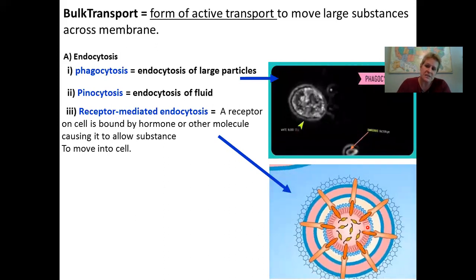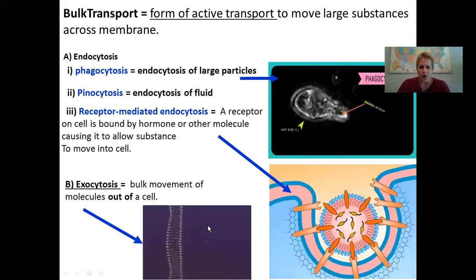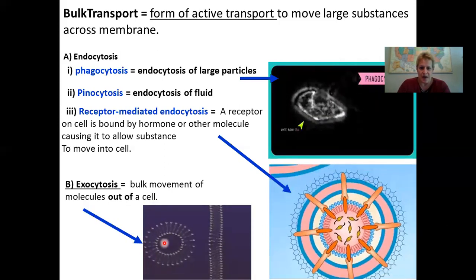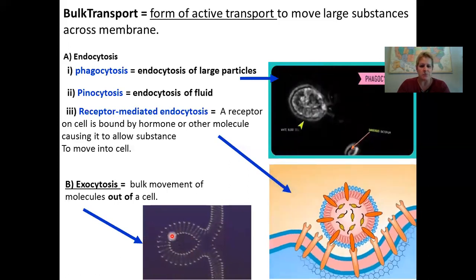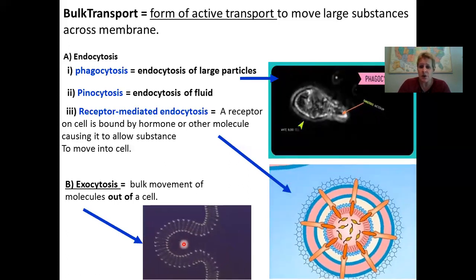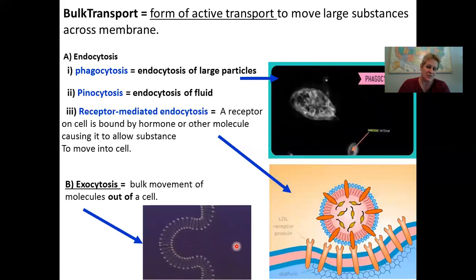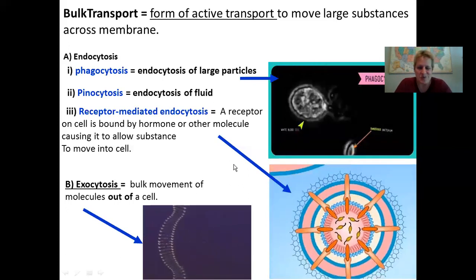Now the reverse of this can happen with exocytosis. Here we have a large bunch of particles that are inside a cell. They merge with the cell membrane, and then that big, whatever it is, proteins, amino acids, I don't even know, get spit out of the cell by exocytosis. All right, so those are all forms of bulk transport.